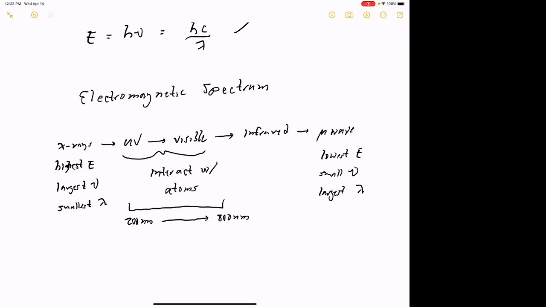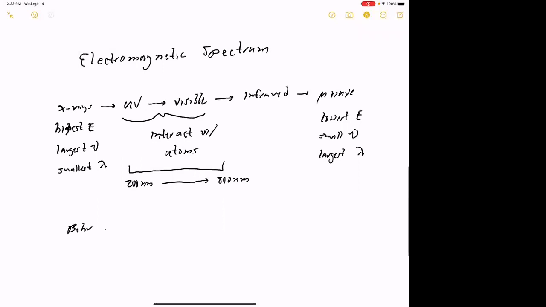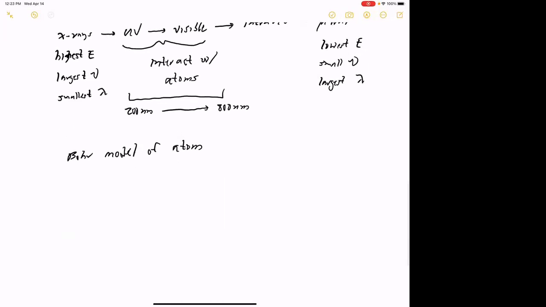Okay, so let's talk a little bit about this Bohr model now. We have the tools that we need to discuss it. Let's talk a little bit about the experiment first. Let's say I've got, for example, sunlight.